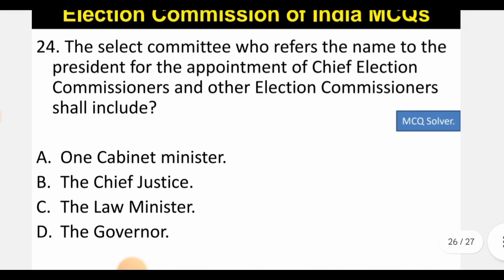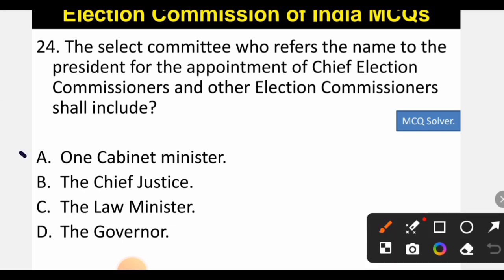The select committee that refers the name to the president for the appointment of the chief election commissioner and other election commissioners shall include. So the correct option will be option number A, that is one cabinet minister. Recently the act was passed by the parliament, which says that a committee will be formed for the selection of the chief election commissioner or election commissioners.